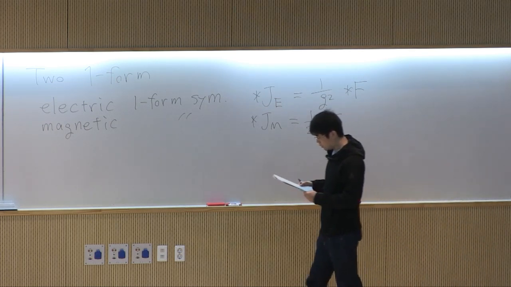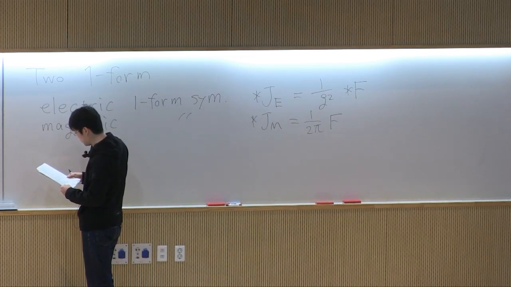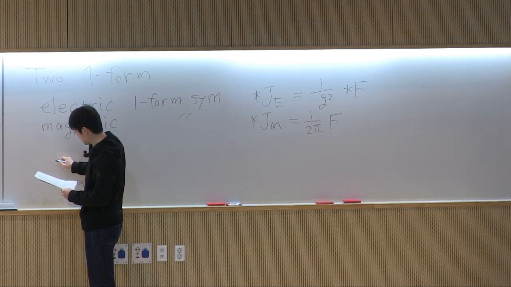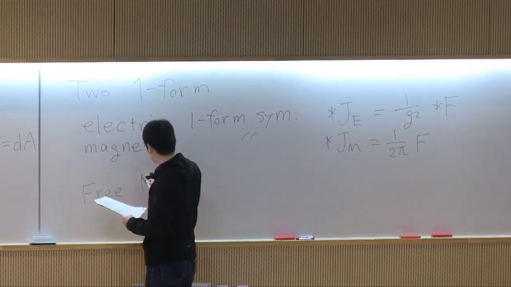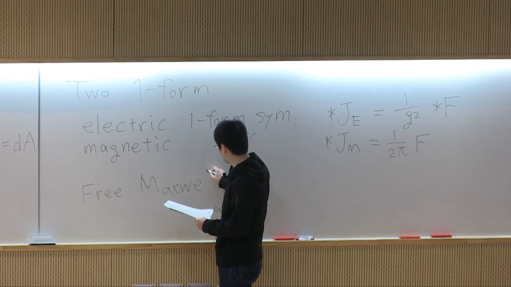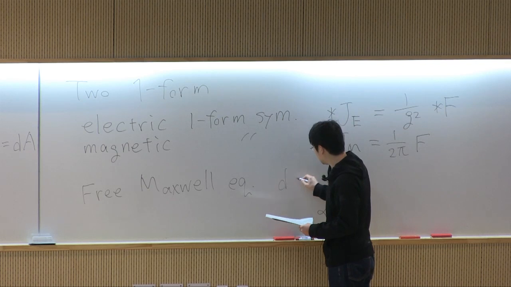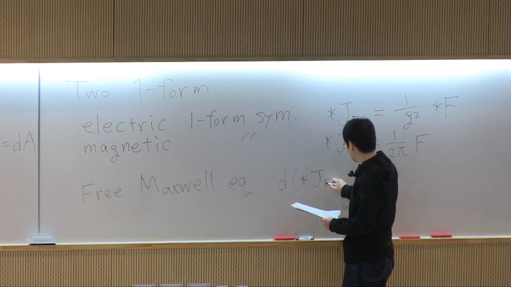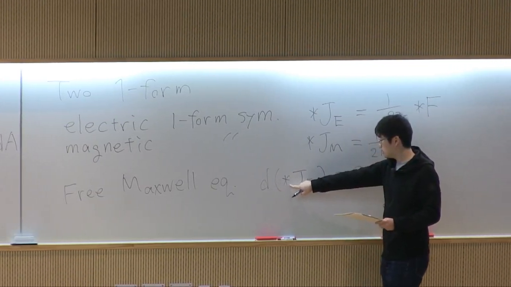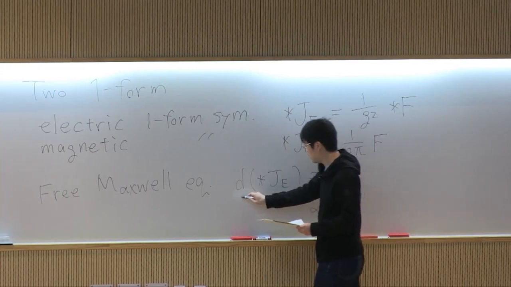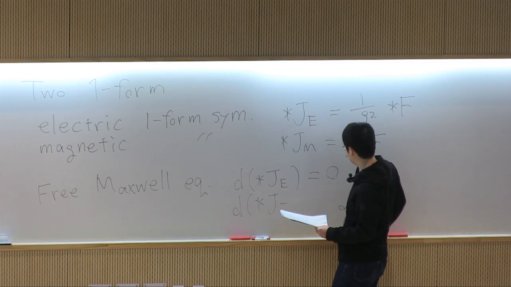They are conserved because of the equations of free Maxwell theory. The free Maxwell equations, in the language of differential forms, are just given by: the exterior derivative of the Hodge dual of the electric current is 0, and also the exterior derivative of the magnetic current is 0.